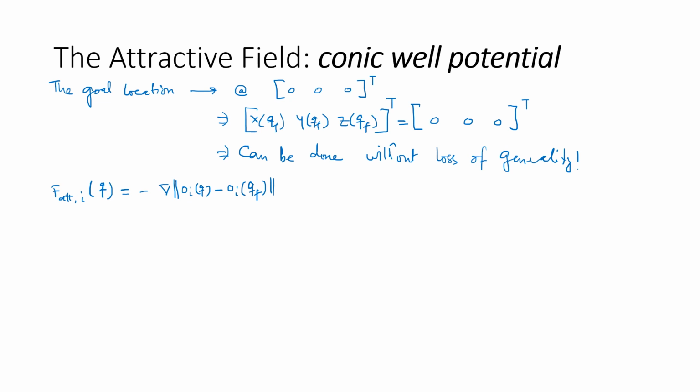Now, when I do that, that would be equal to, when you take the gradient of this distance of the x at Q, not at the Qf, squared, plus y at the current configuration squared, added with z at the current configuration squared.